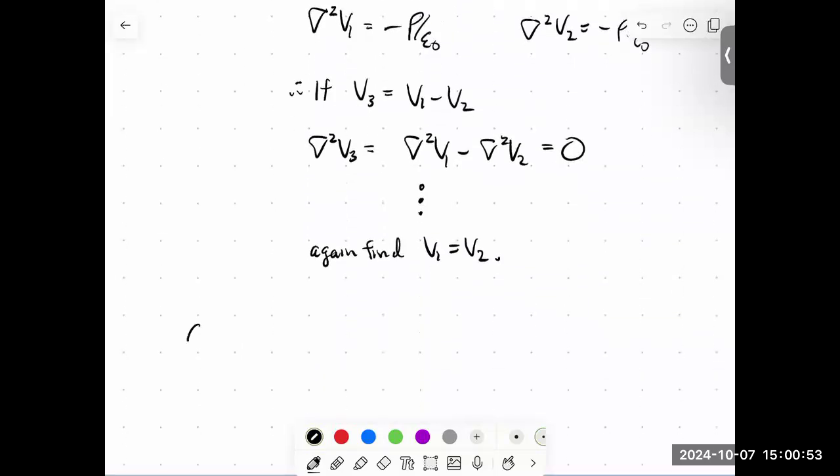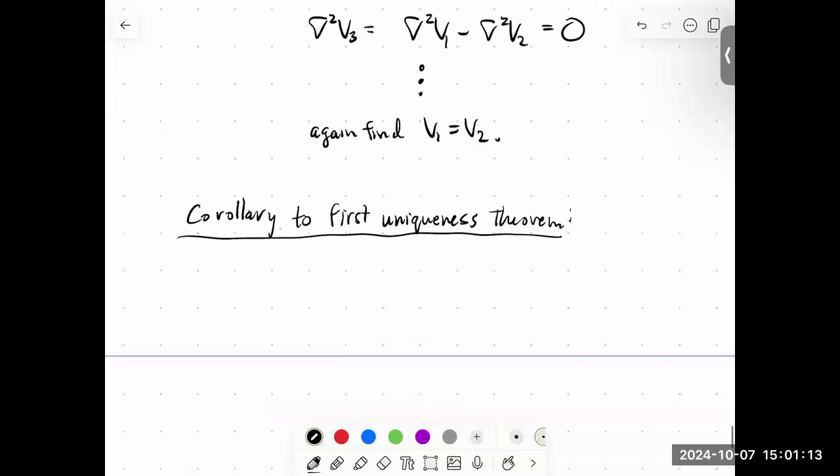Okay, so we could write that down. Corollary to the first uniqueness theorem.